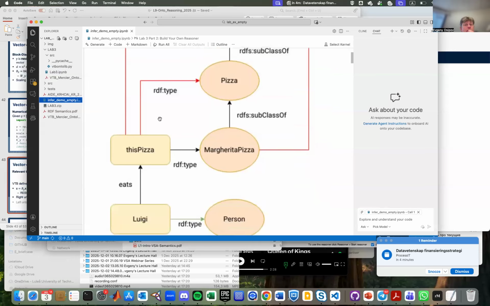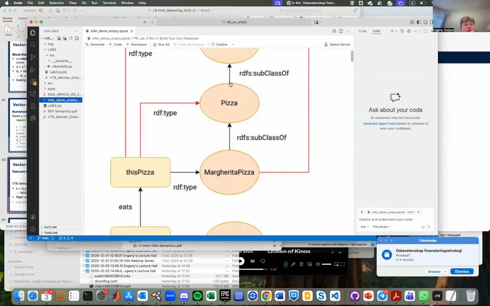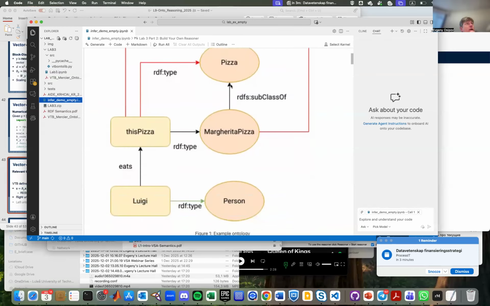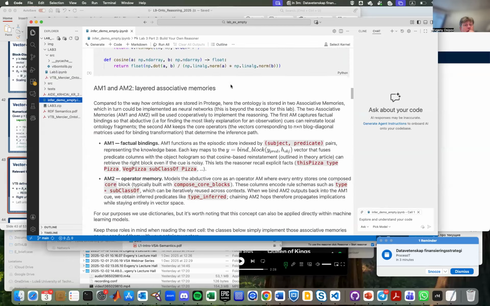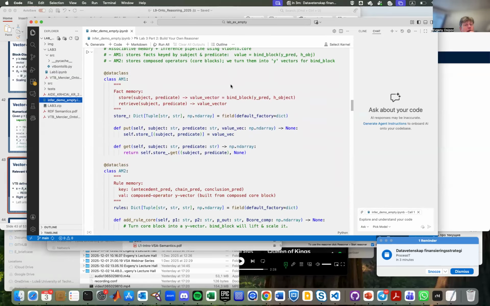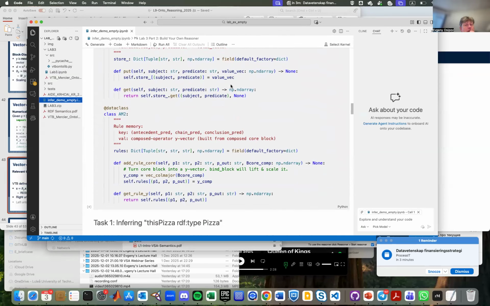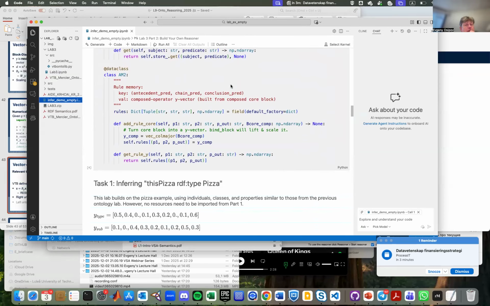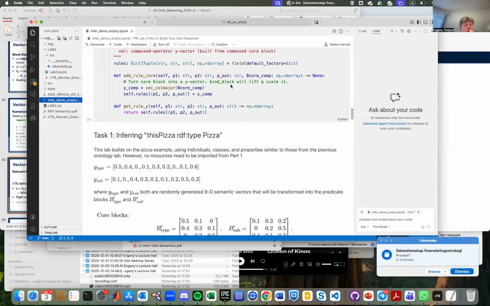For this, you will need to encode these individuals as vectors, and I have already said that all the instances that you have should be randomly generated. I suggest, if you didn't read the file before, it won't be very informative if I try to explain.